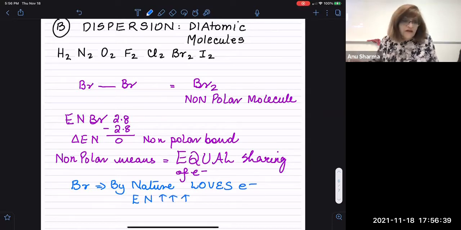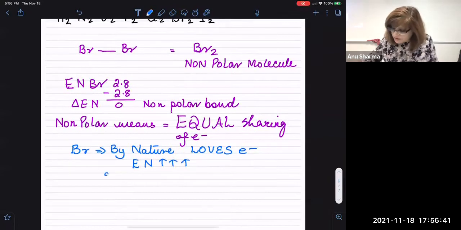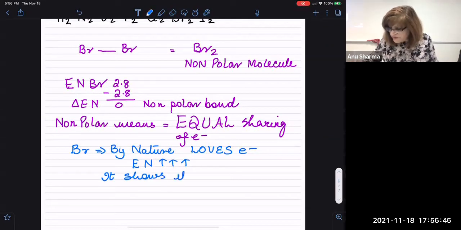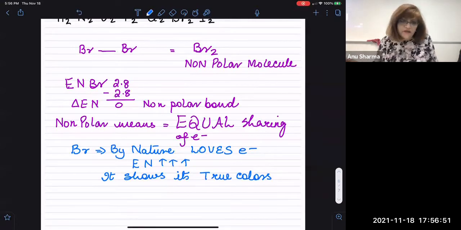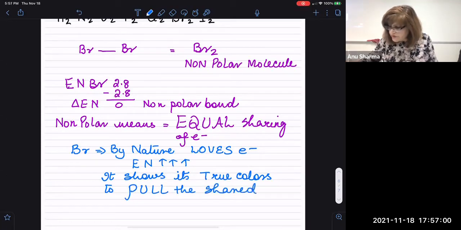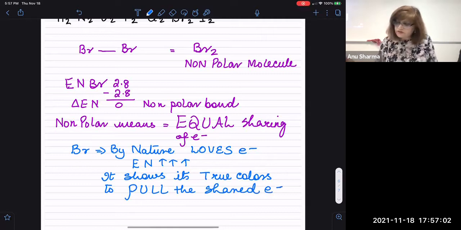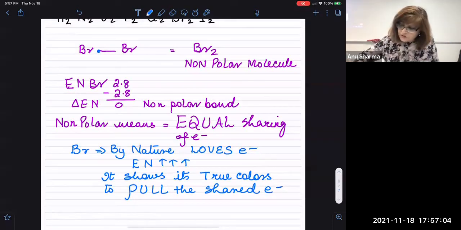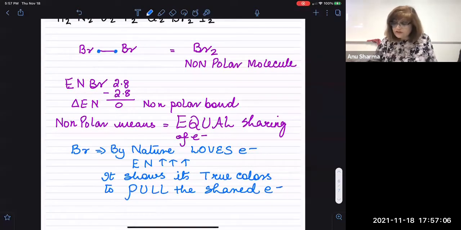So it shows its true colors. And what is the true color of bromine? To pull the shared electron pair towards itself.